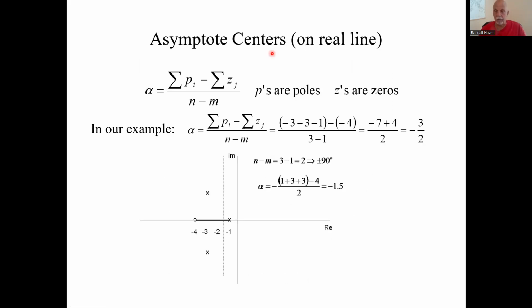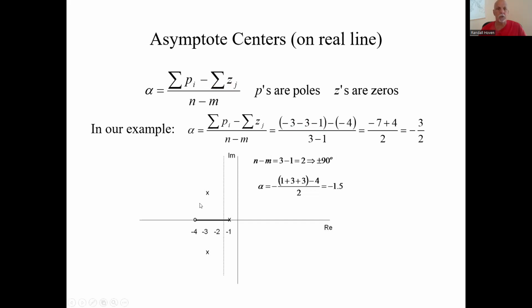And here's where the center of the asymptotes are. There's a formula for it. This alpha is the sum of the poles minus the sum of the zeros, actually just the real parts, divided by that n minus m. So remember, we have, what do we have? Poles are at minus 3, minus 3, and minus 1. So it's minus 3, minus 3, minus 1.